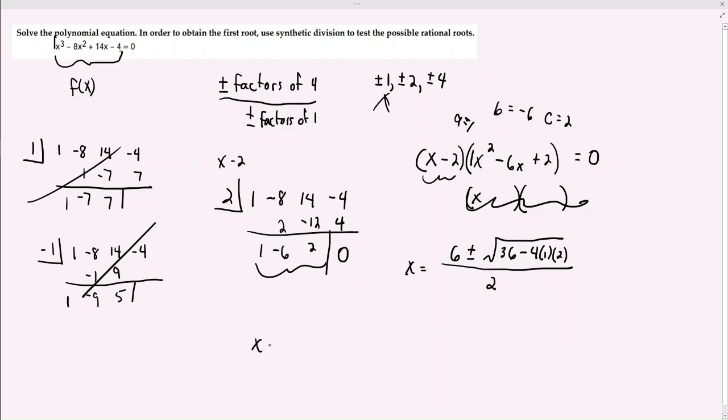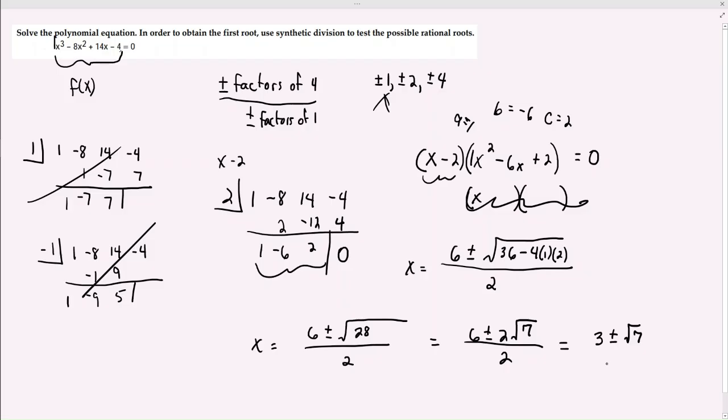Okay, so that means x is equal to 6 plus and minus the square root of 36 minus 8. We can bring a 4 out. So 7 times 4 being 28 is going to change this to 6 plus and minus square root of 4, which is 2, times the square root of 7 over 2, and then divide everybody by 2, and we'll get 3 plus and minus the square root of 7.